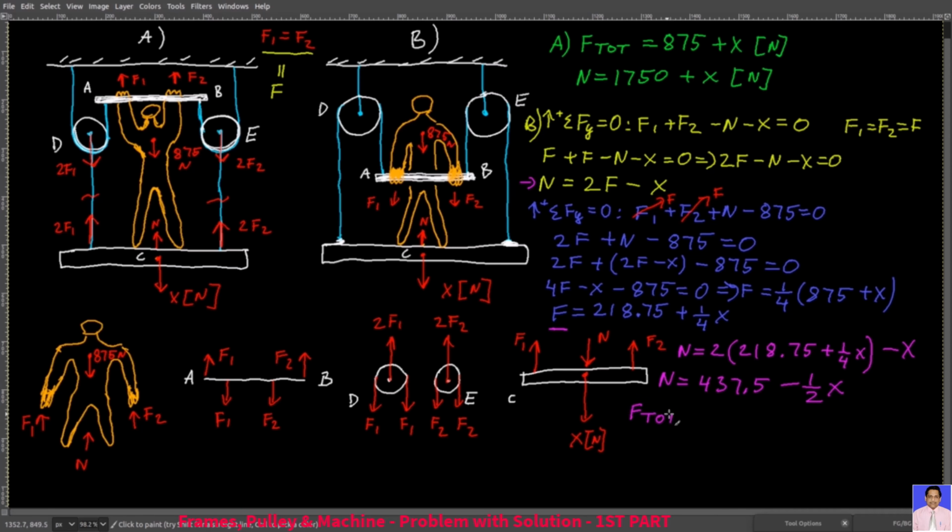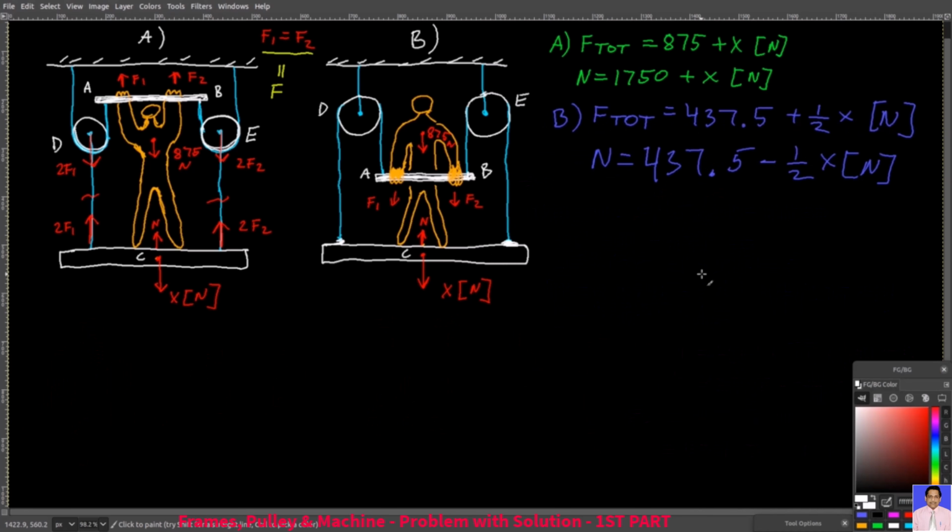Thus, F total equals 2 times F, and that gives you 437.5 plus 1/2 times X. That's the total force that the guy applies to the AB rod downwards with his two hands. And there you go. You have your answers.